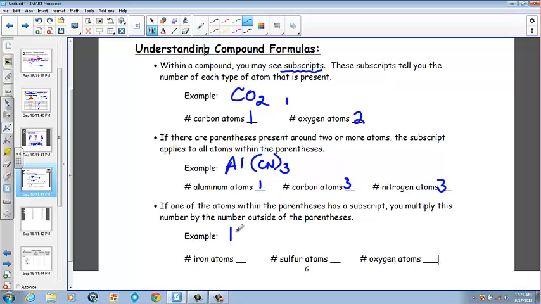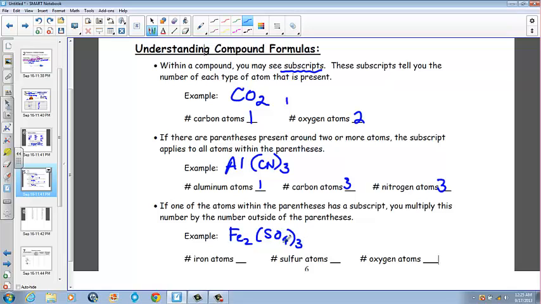So in order to understand this, you have to look at an example. So we have Fe2(SO4)3. Okay, so, oh no, what do? I see all of these little subscripts here. It gets a little confusing. So this 3 on the outside of the parentheses is basically saying that you have 3 of these SO4s.